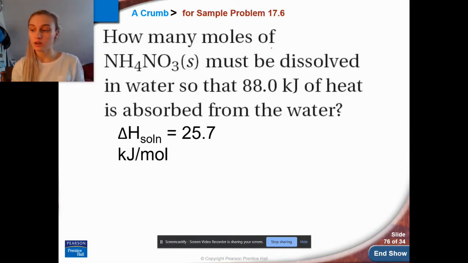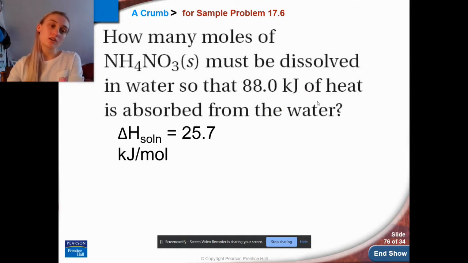Okay. Now we are on 76. So guess what we do? We start with our givens. This is saying how many moles of NH4NO3 must be dissolved in water so that 88.0 kilojoules of heat is absorbed from the water.